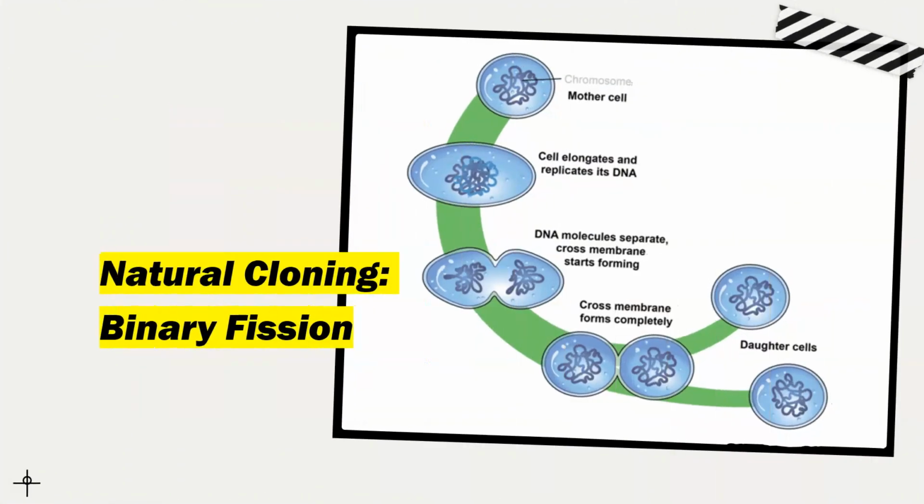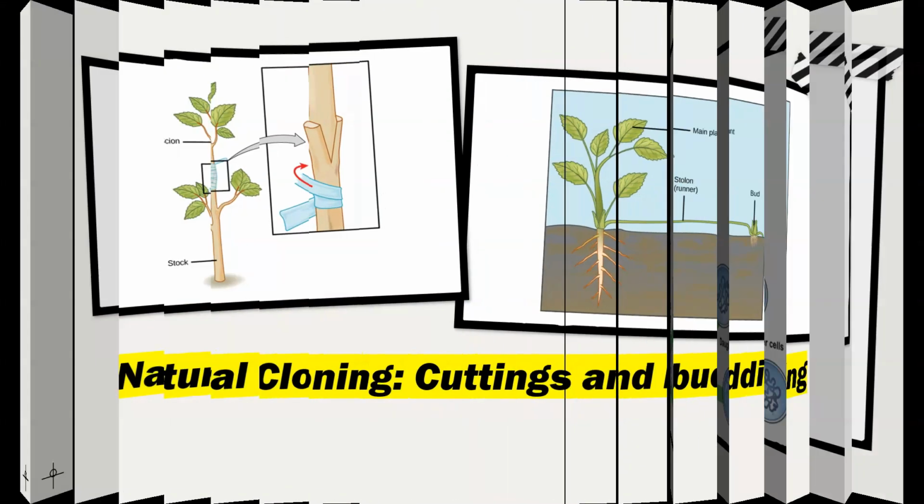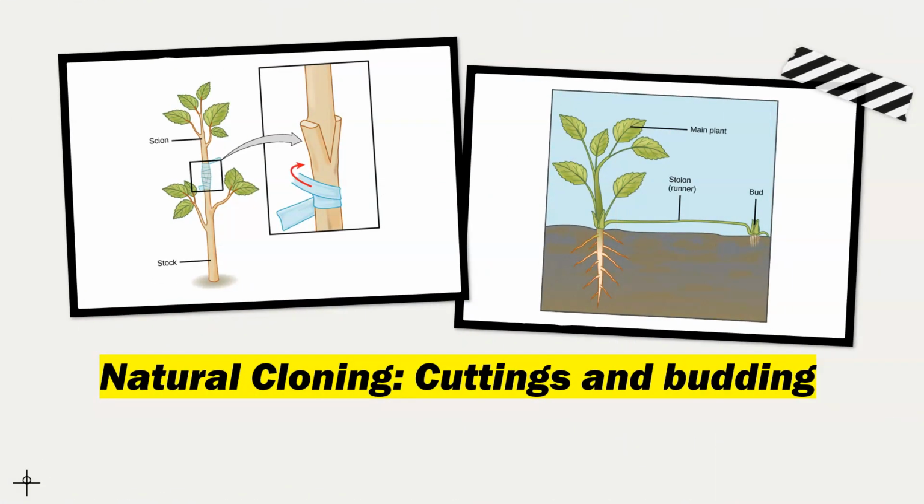So first of all, natural cloning, we're going to look at each of those processes. So we've got binary fission, okay, and we can see that process here where the DNA replicates and then splits into the two daughter cells. So quite a basic process compared to what you've looked at. Cuttings and budding, this is where a second plant grows from the parent plant, genetically identical, so therefore is a clone.